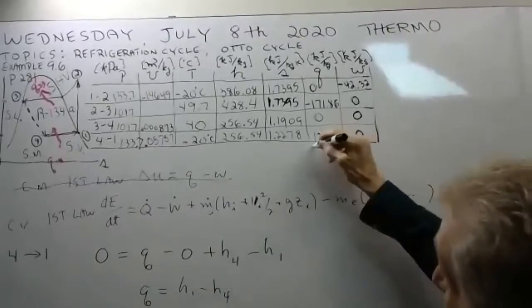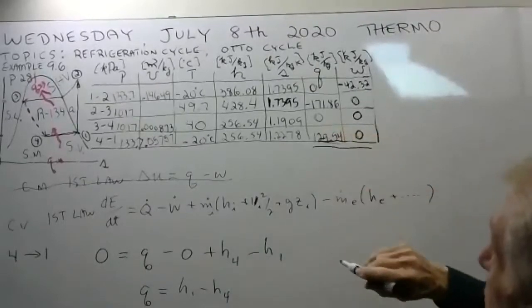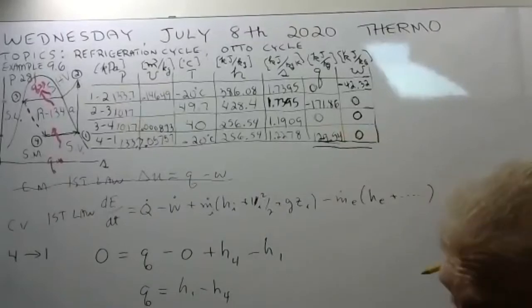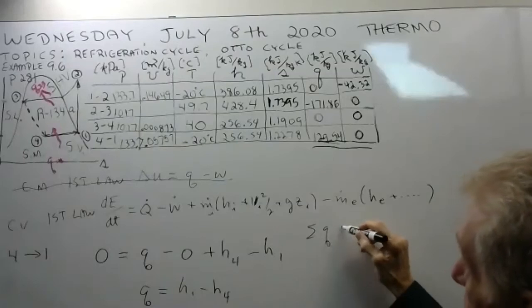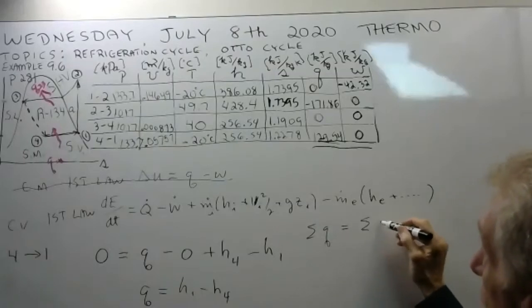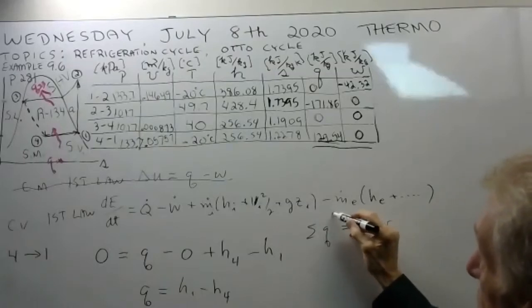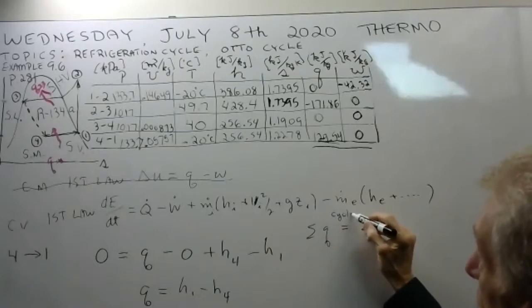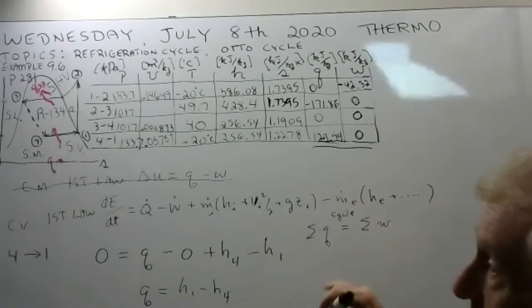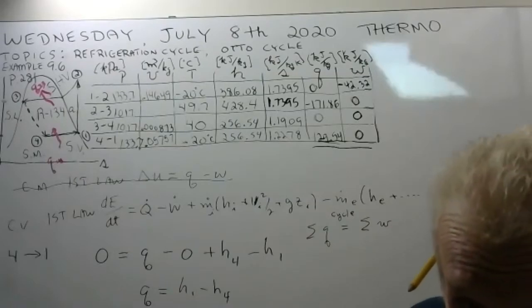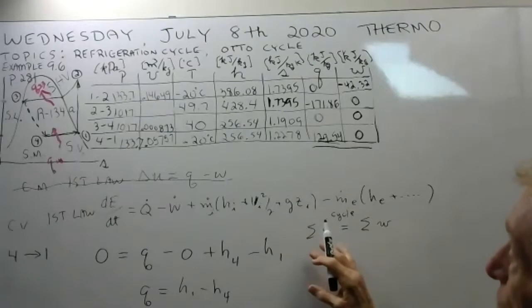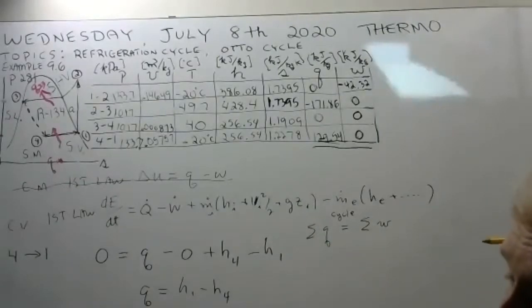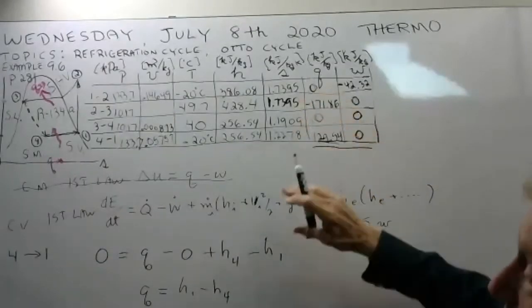Now, I want to add these up because we know that the sum of all the little q's in a cycle, the sum of all the q's has to equal the sum of all the w's in a cycle. That is a form of the first law of thermodynamics. All right, well, let's add these up and see what we get.